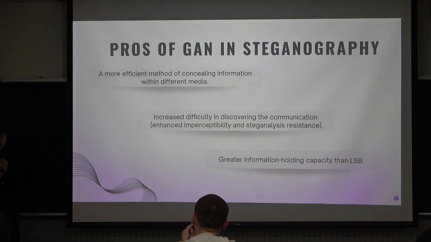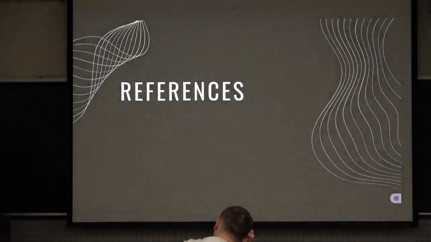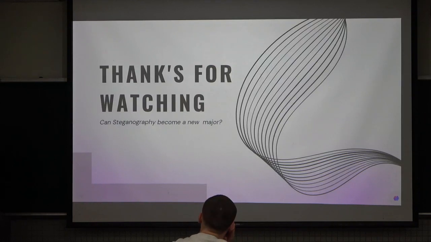The pro of GAN in steganography is that it's a more efficient way, since it cannot be detected by normal means, like humans or normal algorithms, and it increases the difficulty of discovering the hidden content in the picture. Here's our reference, and thanks for listening to the presentation.